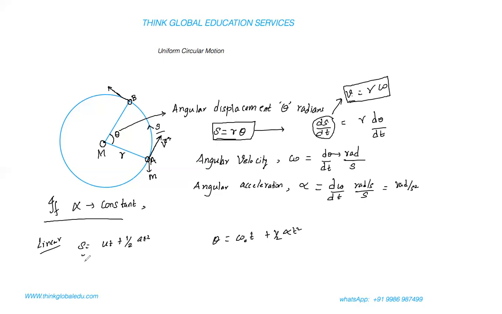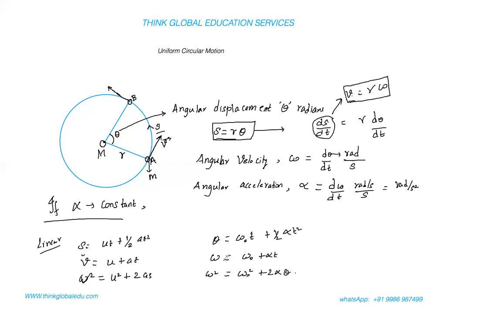And next, v is equal to u plus at. Here we can rewrite that as omega is equal to omega naught plus alpha t. Similarly, the third equation of motion, v squared is equal to u squared plus 2as, can be rewritten as omega squared is equal to omega naught squared plus 2 alpha theta.